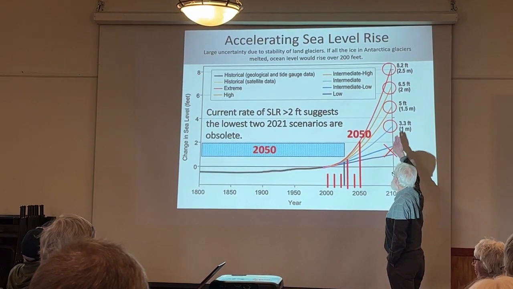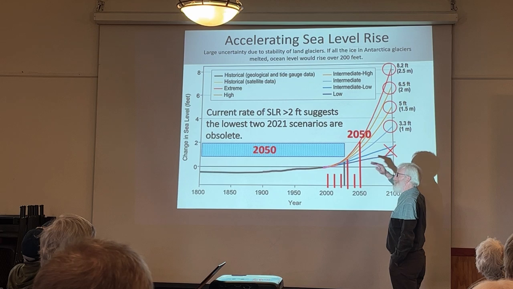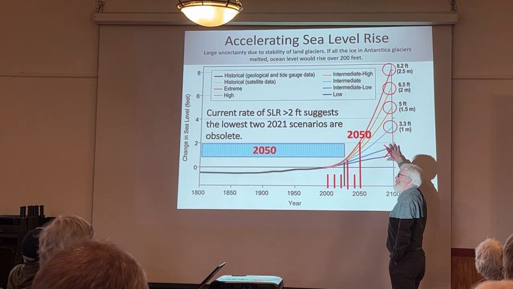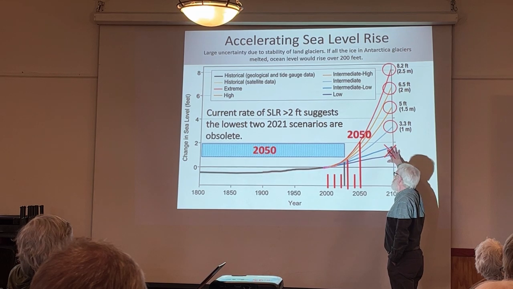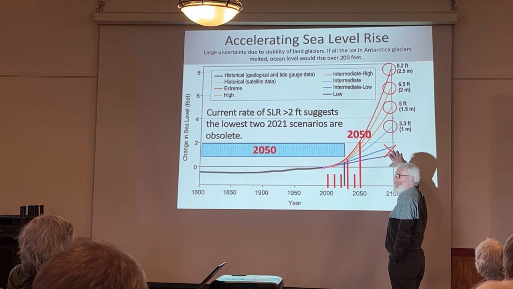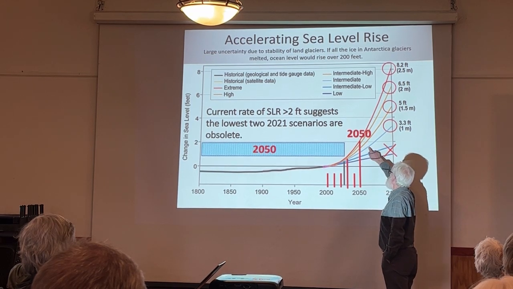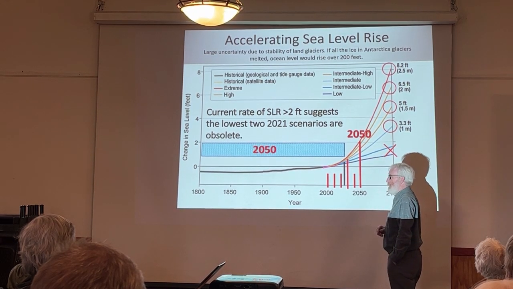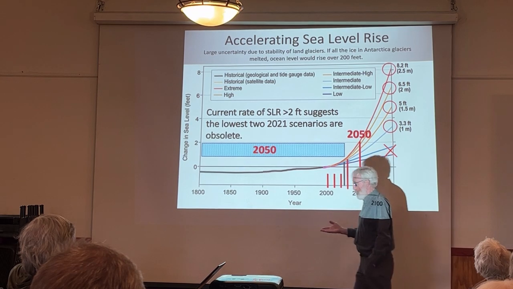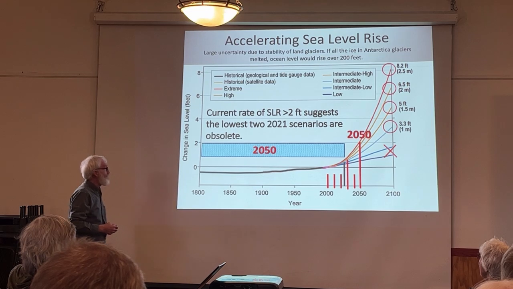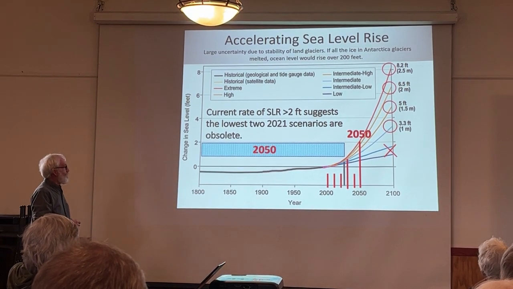These are all models that were done, I'm not sure when, maybe 10 years ago. Obviously, these lower models are kaput now because they're way out of bounds. And I think we're looking at probably that model or that model, depending on a lot of factors, if we do something about controlling our CO2 emissions. Next one, please.